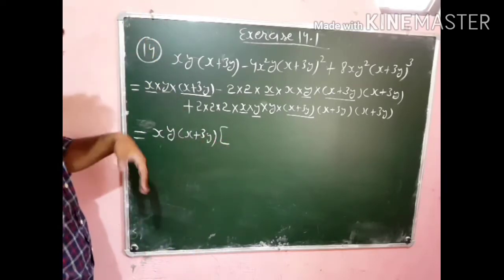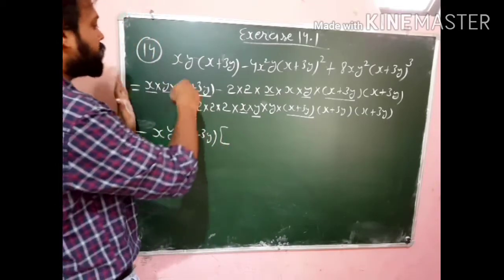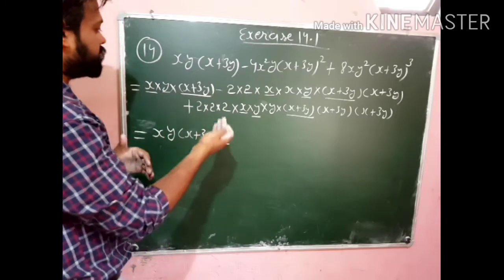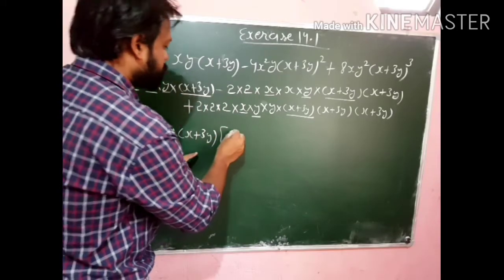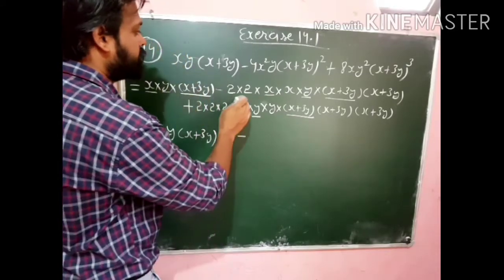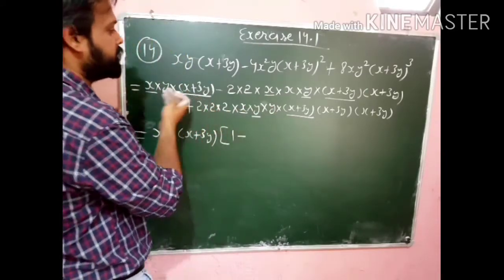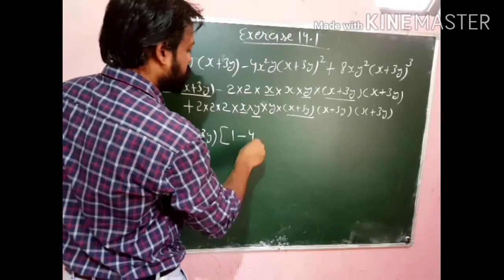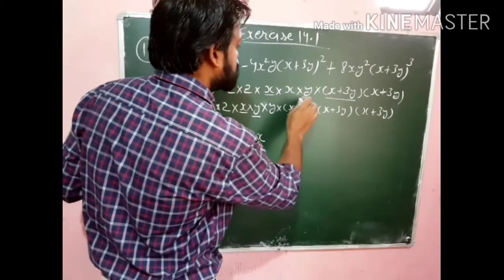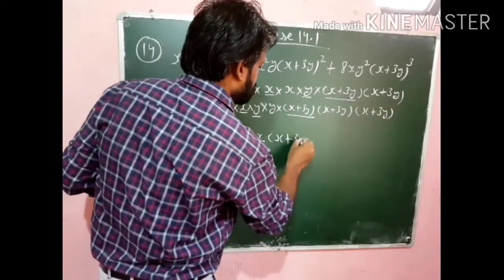Okay, now see how many terms are left in the bracket. So first of all, you can see the first term, all the terms are common. So as I told you, when all the terms are common, we have to write down here 1, and then minus sign as it is. Now you can see 2 to the 4, because 2 is not common in the first term. So 2 to the 4, and of course now you can write this x, and of course this y is common, and this bracket x plus 3y.